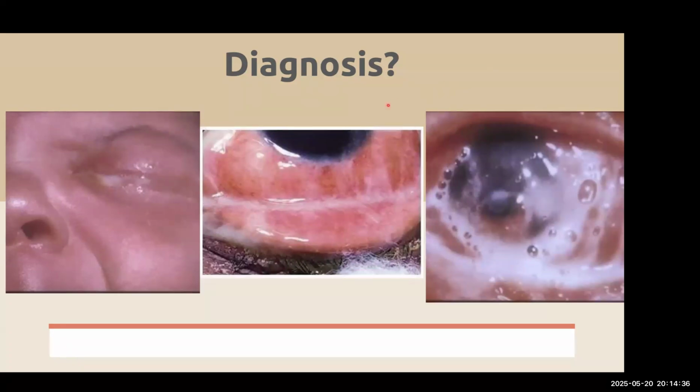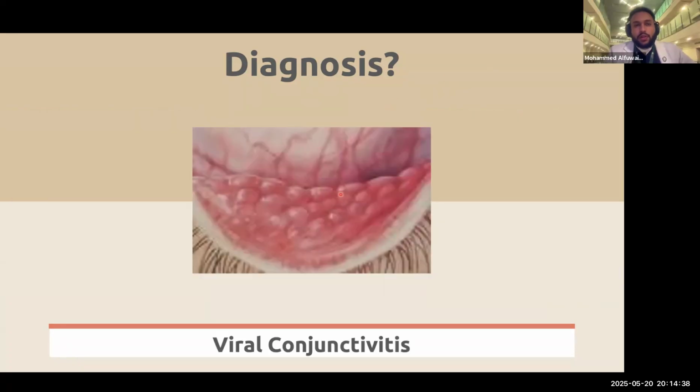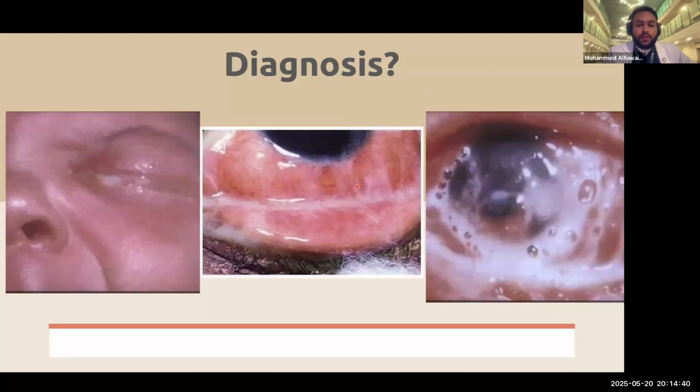Now, here usually, in this patient, they will have discharge, which is very clear. If it starts to become purulent or mucopurulent, this is purulent. If it starts to look kind of liquidy, but it's clear with white, this is what we call mucopurulent. This is what we call bacterial conjunctivitis.